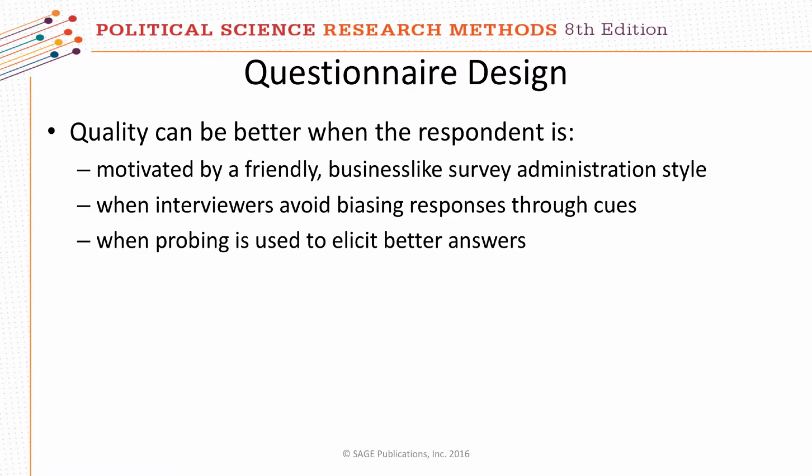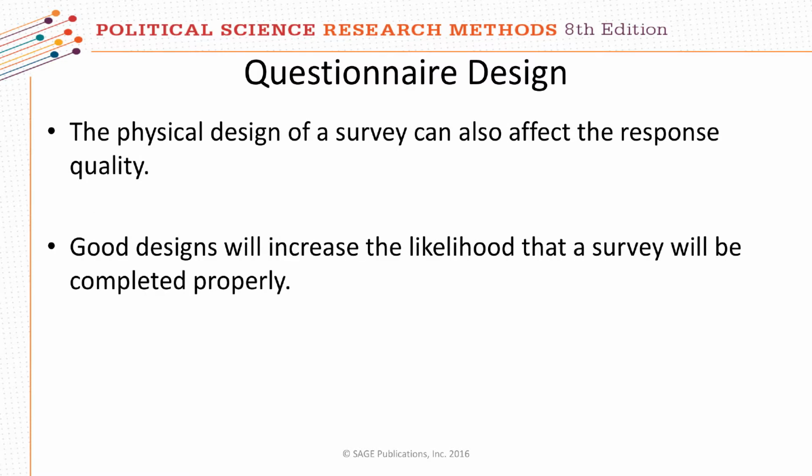Quality can be better when the respondent is motivated by a friendly, business-like survey administration style. Interviewers avoid biasing responses through cues, and probing is used to elicit better answers, not different answers, but better answers, more in-depth answers, more specific answers. The physical design of a survey can also affect response quality.